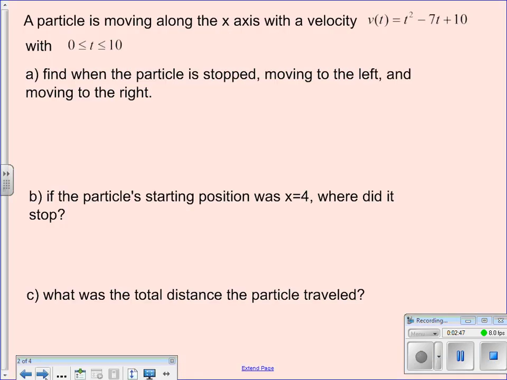So, first example. A particle is moving along the x-axis with the velocity v of t equals t squared minus 7t plus 10, with t from 0 to 10. We don't care what happens in negative time, because we do not travel backwards in time.